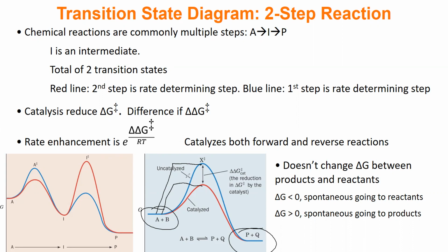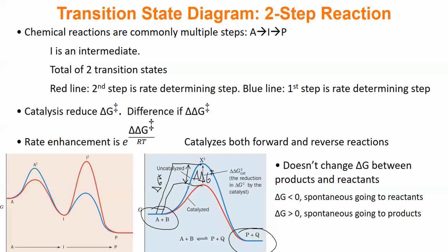So some terminology here. The difference in free energy between the catalyzed and uncatalyzed reaction, we call that delta delta G double dagger, or delta delta G double dagger cat. The way to read this, it's a really weird symbol, is it's the difference in the delta G double dagger, right? In the uncatalyzed version, that was just delta G double dagger.